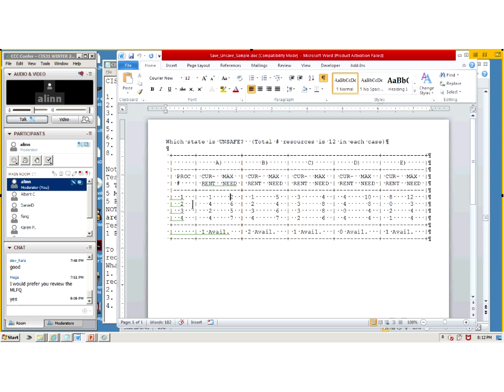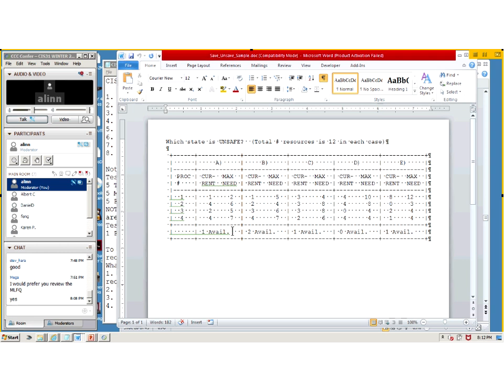If the 5 here needed another one, I wouldn't have one. If this one needed one, I wouldn't have one. If this one needed one, I wouldn't have one. If I gave the 1 to process 2, I would have an unsafe state because they wouldn't be able to finish. Therefore, I would not allocate this to process 2. But I could allocate it to process 1 and meet its need.